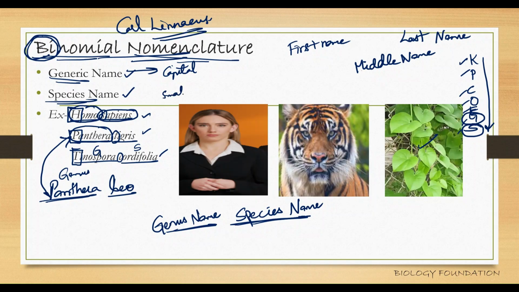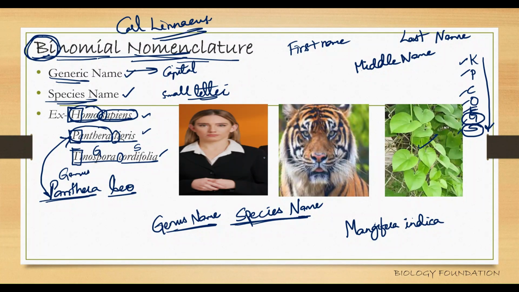So, it starts with a small letter. Okay, even when you write, for example, mango, what is the scientific name? Mangifera indica. Okay, that's the scientific name of mango. Now you can see Mangifera is the genus, indica is the species. M capital letter, i small letter.